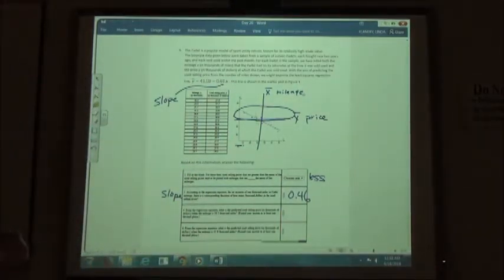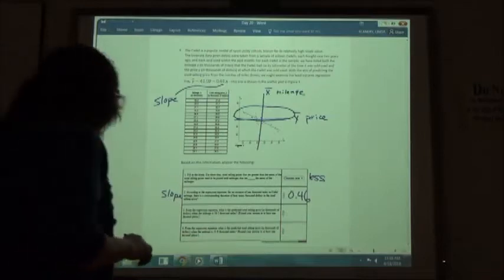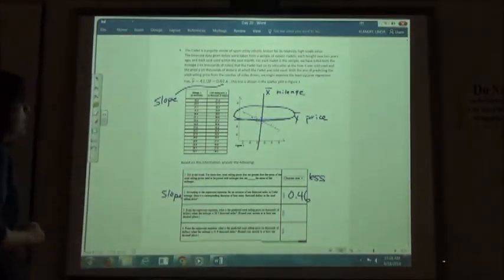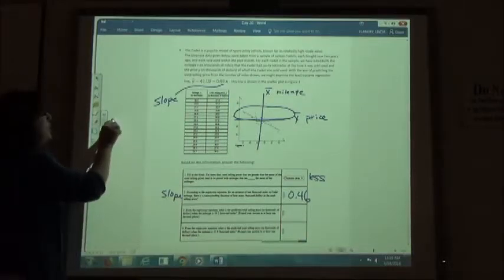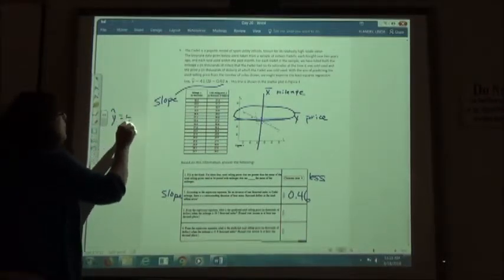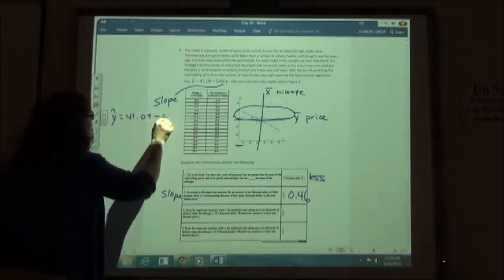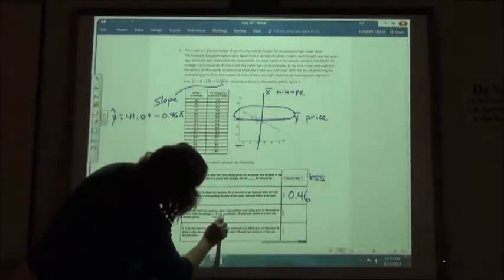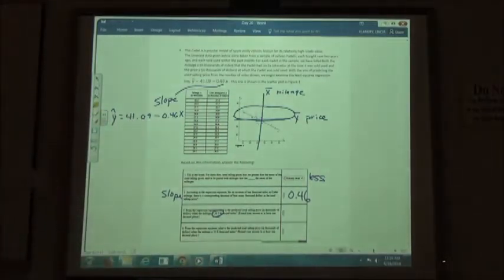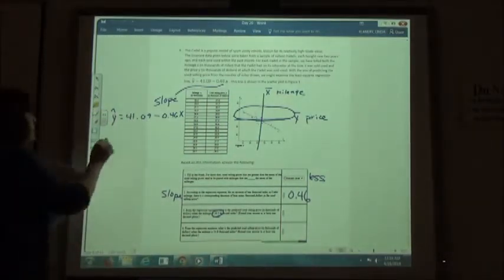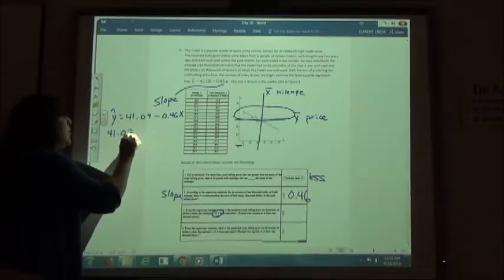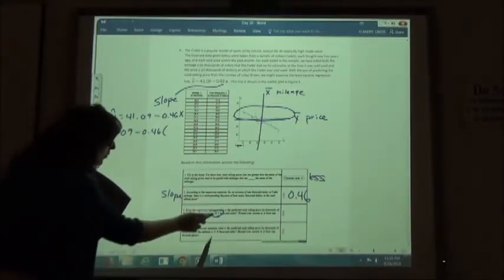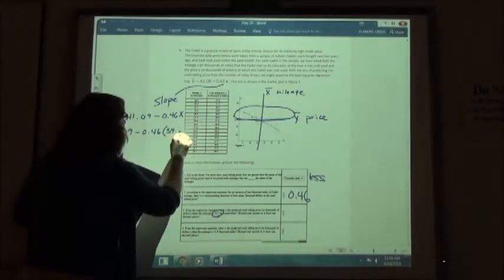From the regression equation, what is the predicted used selling price when the mileage is 39.2? So now I'm going to use my regression equation. Y hat equals 41.09 minus 0.46x. I am going to use 39.2 in for my x value. So I'm going to do 41.09 minus 0.46 times 39.2.